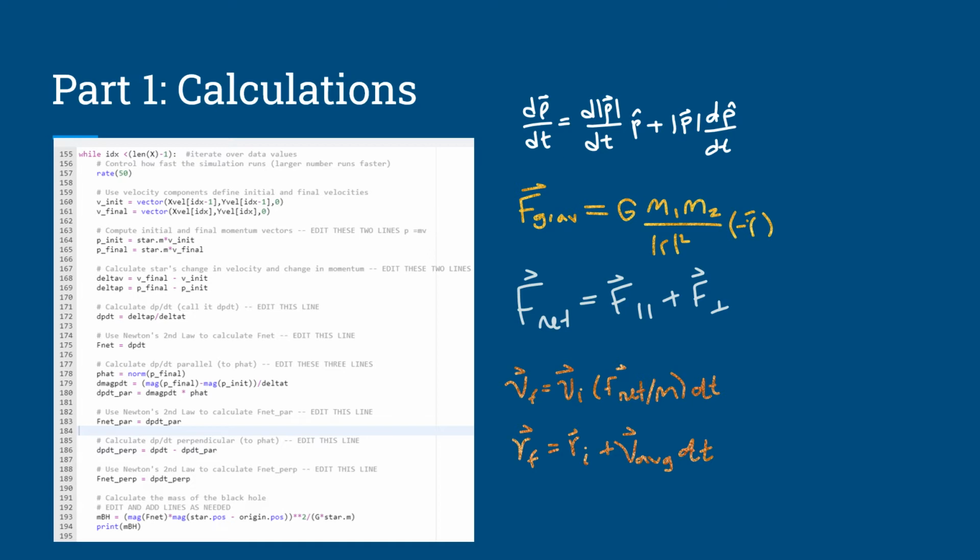And finally, we calculated the mass of the black hole by rearranging the force due to gravity formula, by taking our mass to be equal to the magnitude of net force times r squared over the constant of gravity over the other mass.